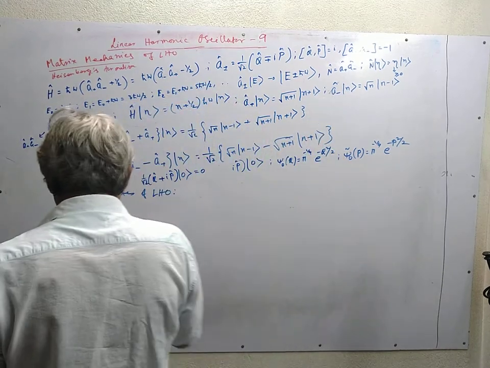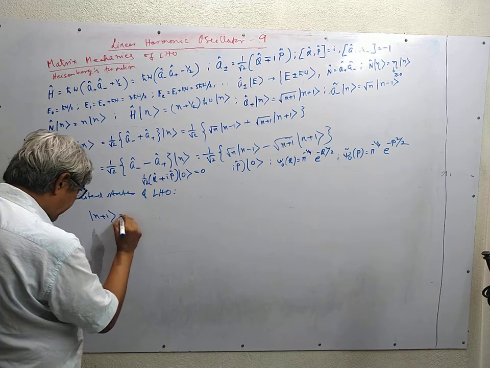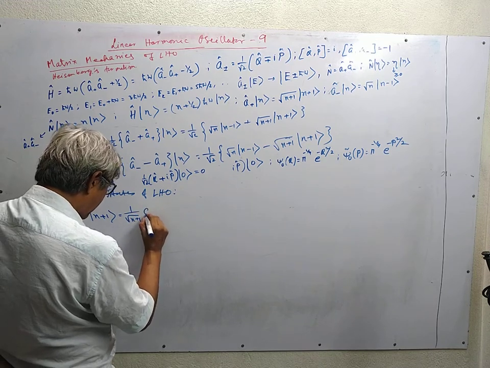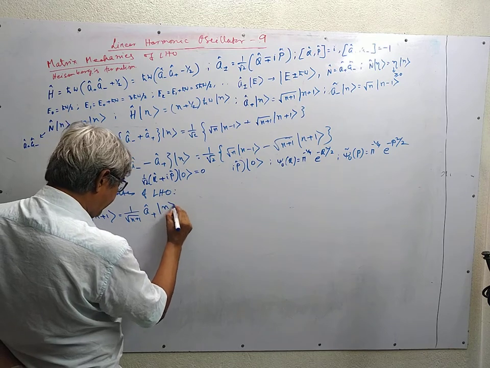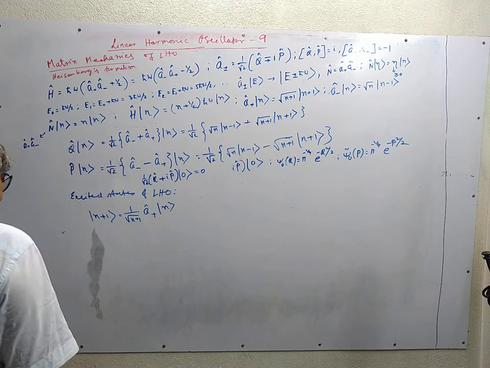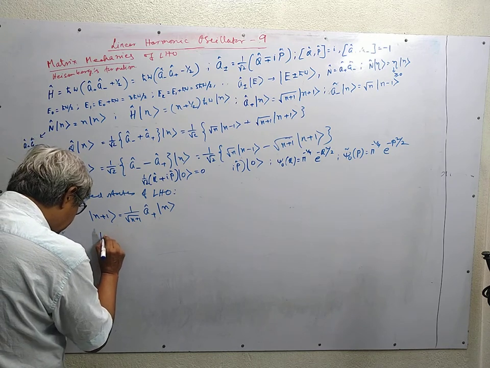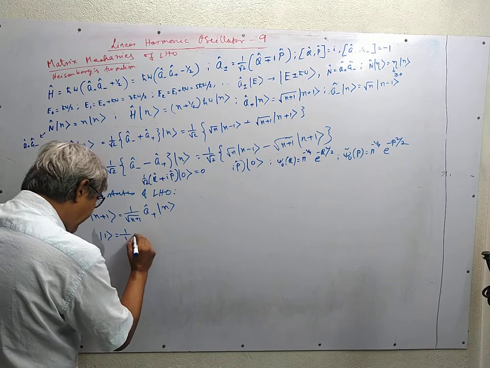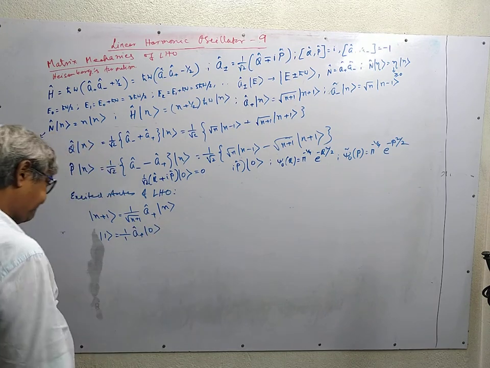We write that the n plus 1 eigenket can be written as 1/√(n+1) a plus operating on n. So the first excited state |1> is equal to 1/1 a plus operating on the ground state.